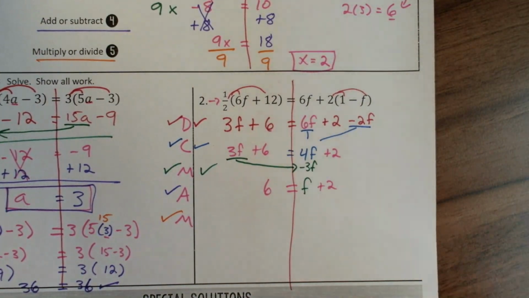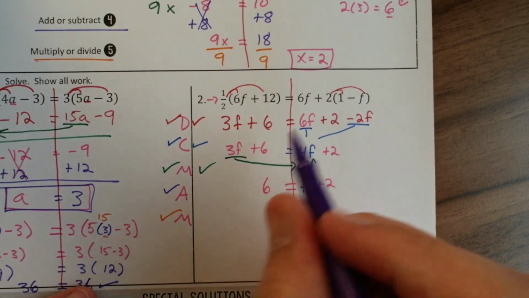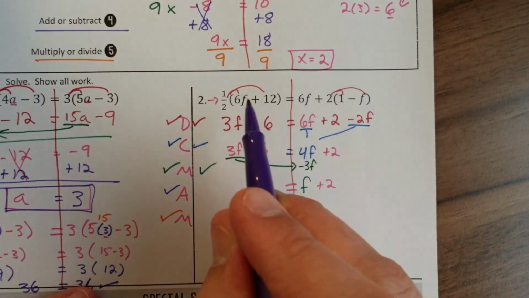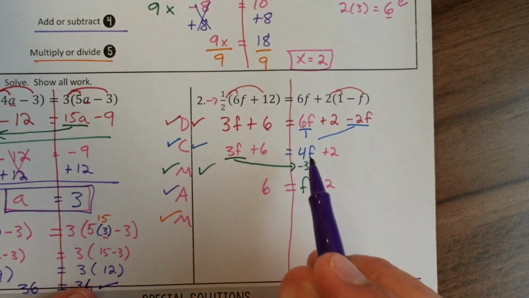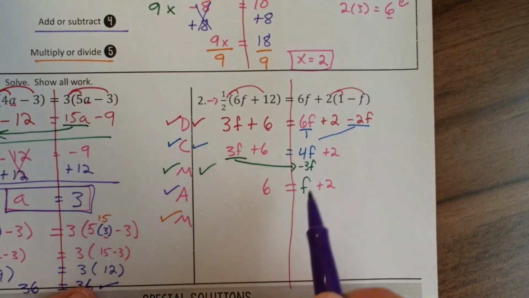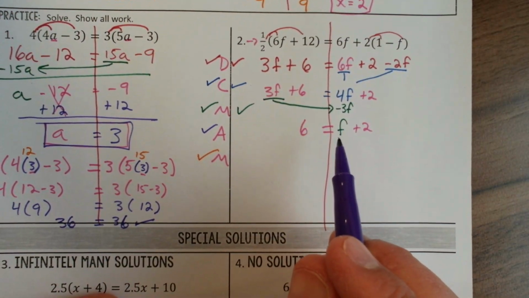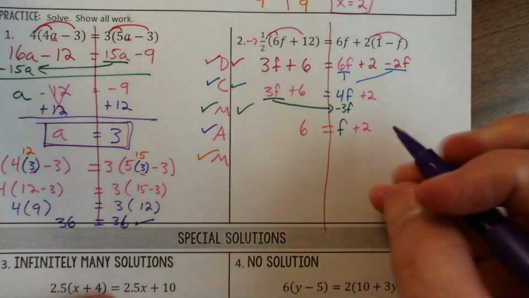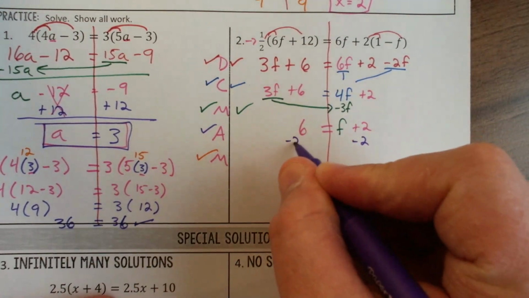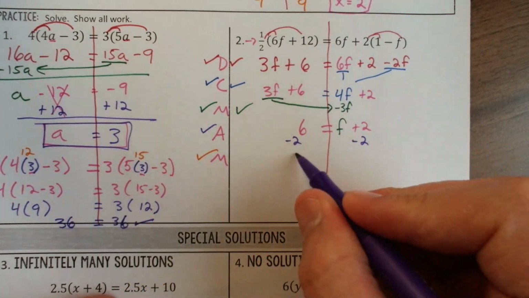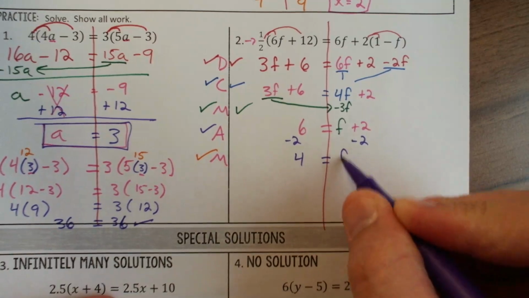Add or subtract. So now, again, all of this stuff up here was just to get all the variables combined to one value. Now I can go ahead and solve, and isolate this variable. So instead of positive 2, I'm going to subtract by 2. This leaves me with 4 equals f.